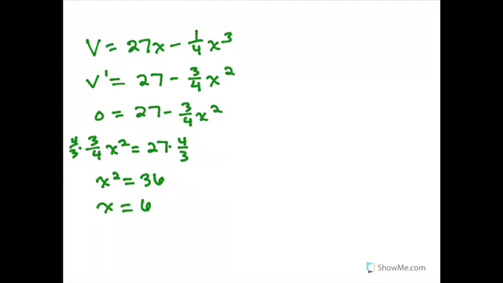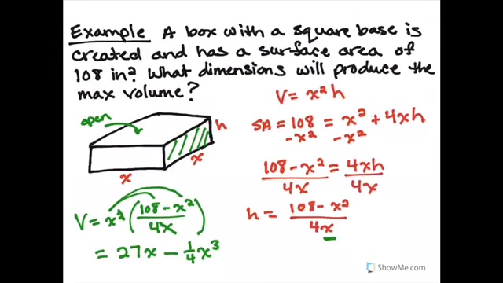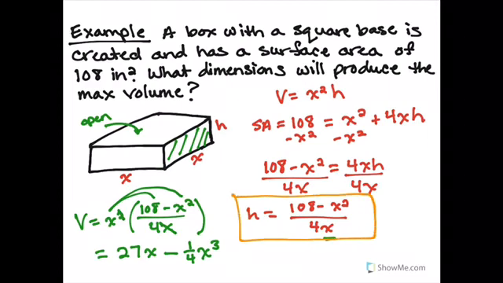Okay, if x equals 6, we need to go back to our equation for h to get the other dimension of the box, right? Because it's x by h.